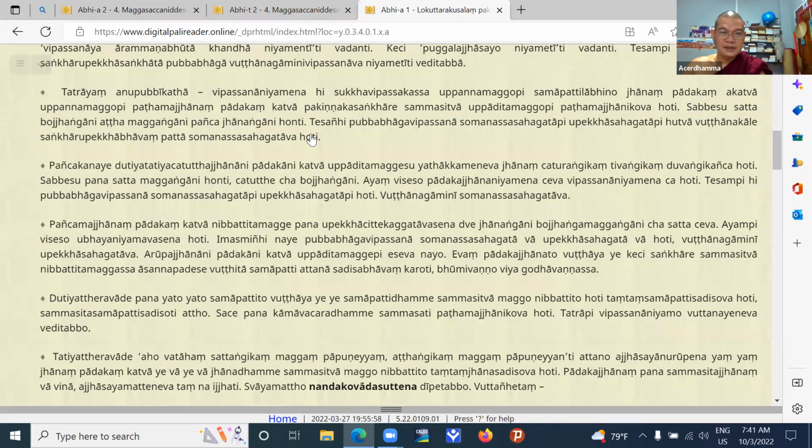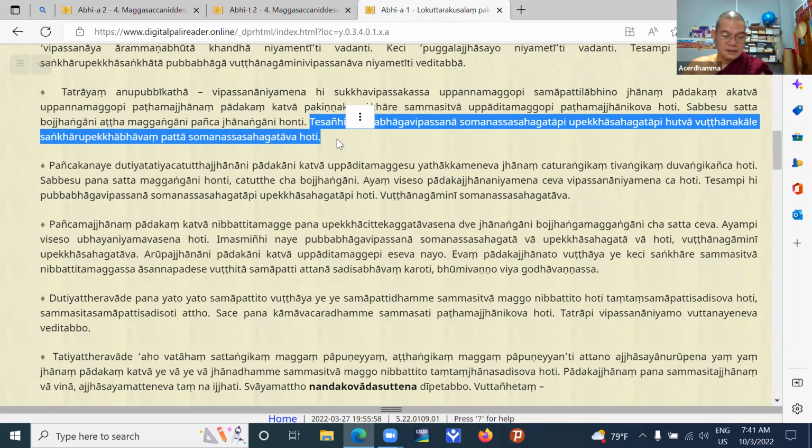Tesampi, popa baga vipassana, somnasa sagadabi, upeka sagadabi hodawa. Those magga here, those first magga.